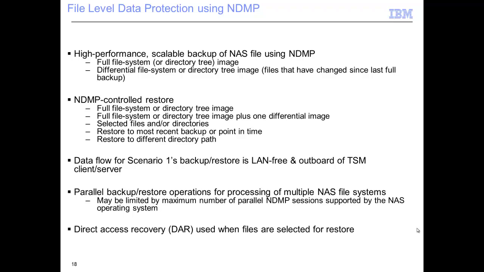You can also go in and select files and/or directories to restore directly. You are able to do parallel backup and restore operations. We would be limited by the number of parallel sessions that the NDMP protocol would support. We can also utilize direct access recovery as well as a table of contents when we're doing the restores, and I'll explain those in more detail.